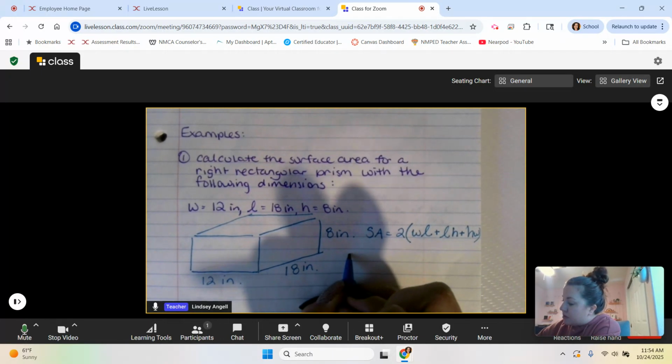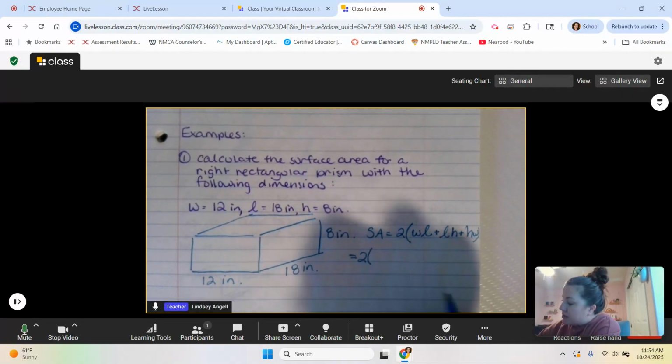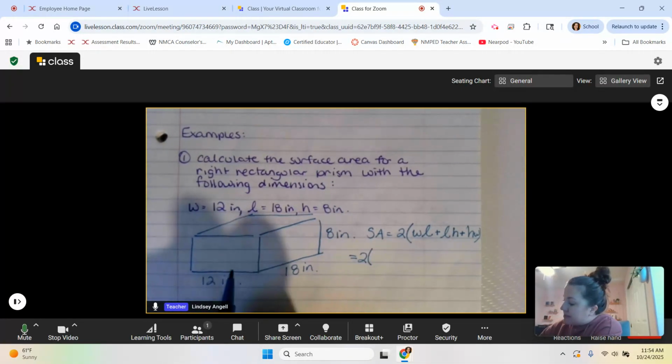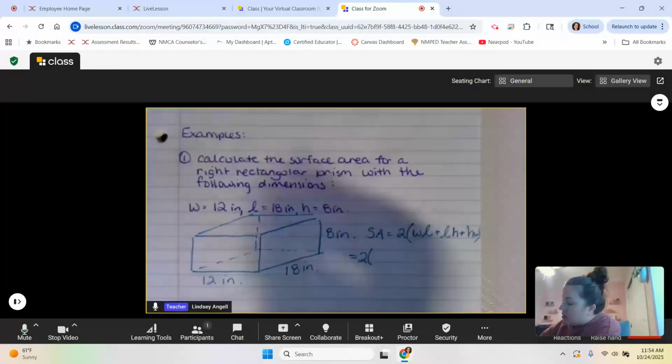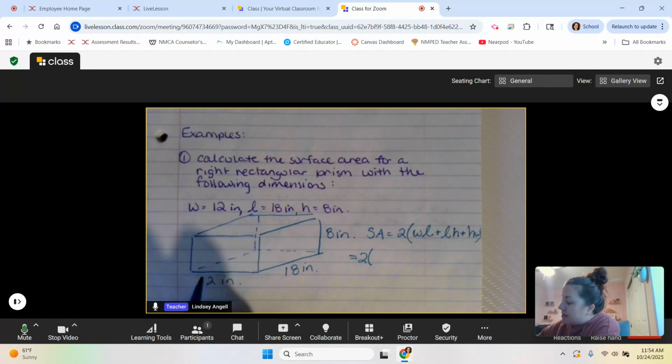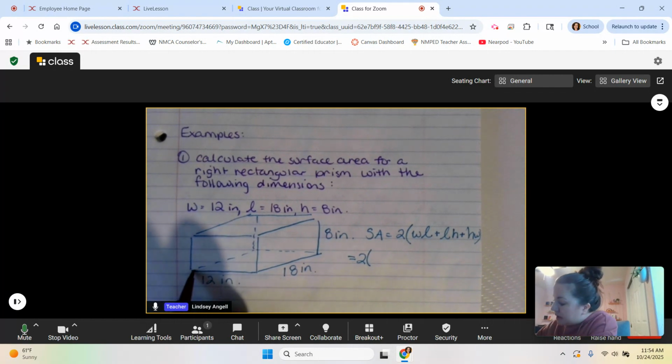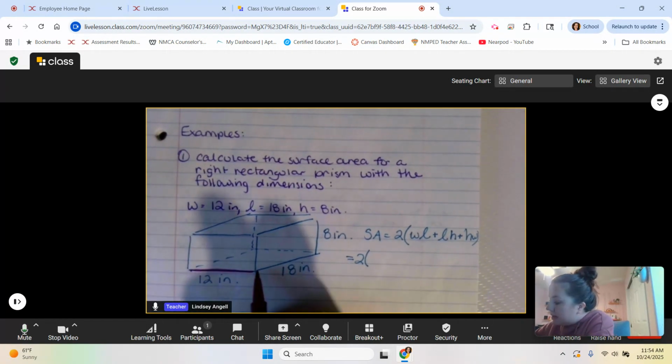So 2 times width times length. Let me draw those so we can see. Width times length would be like this. Here's my width times my length.